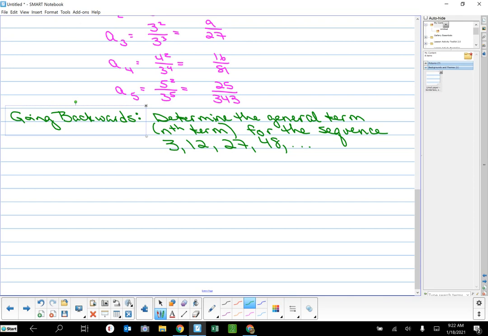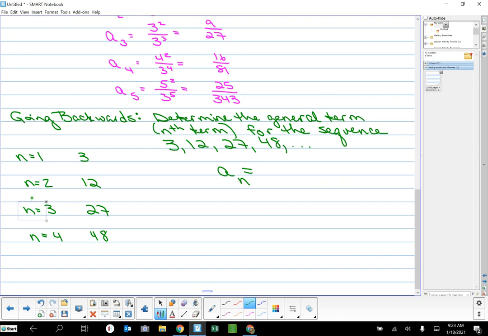So your job is to find a sub n equals something that's going to generate all of those terms. When n equals 1, we need to get 3. When n equals 2, we need to get 12. When n equals 3, we need to get 27. And when n equals 4, we need to get 48. And this pattern needs to hold all of the time.